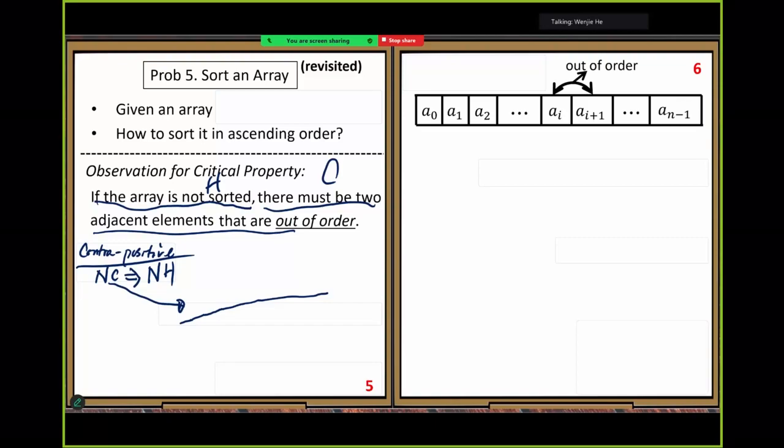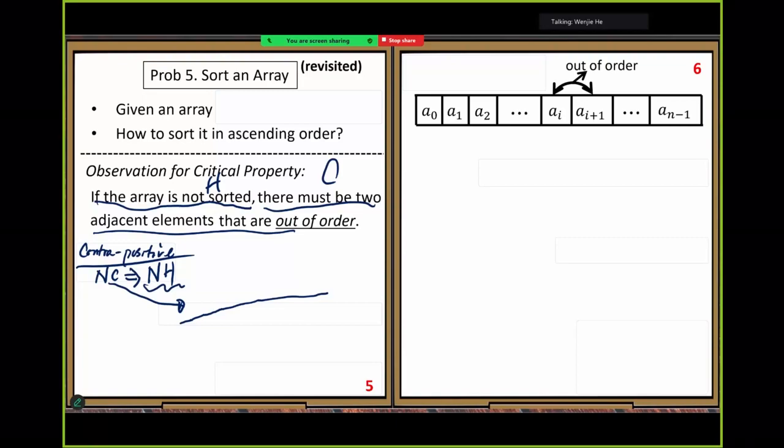Is the whole array in ascending order? Yes. Is that the negation of the hypothesis? The hypothesis tells us the array is not sorted, but now the array is in ascending order. It is sorted. That means you get a contradiction.